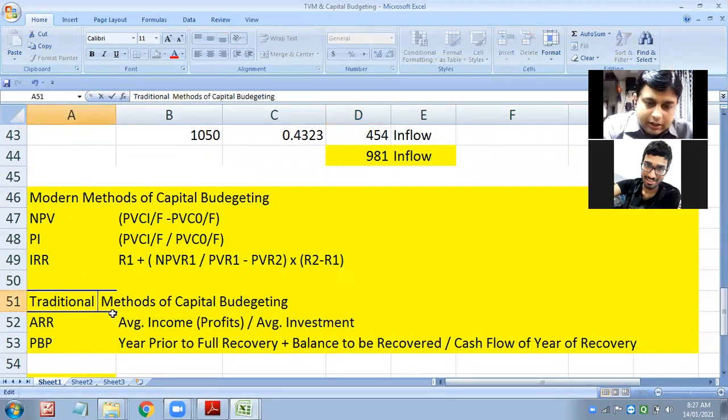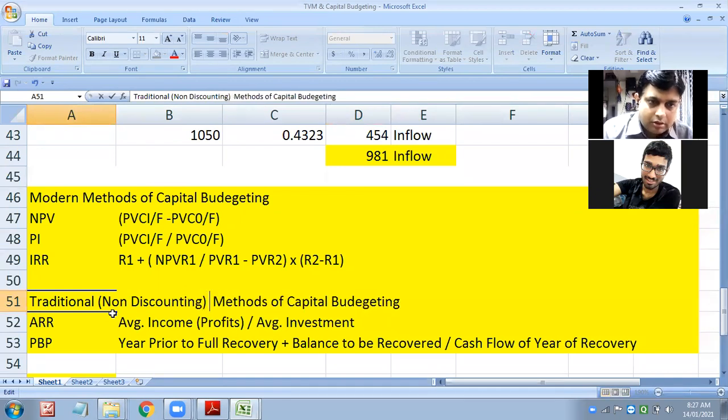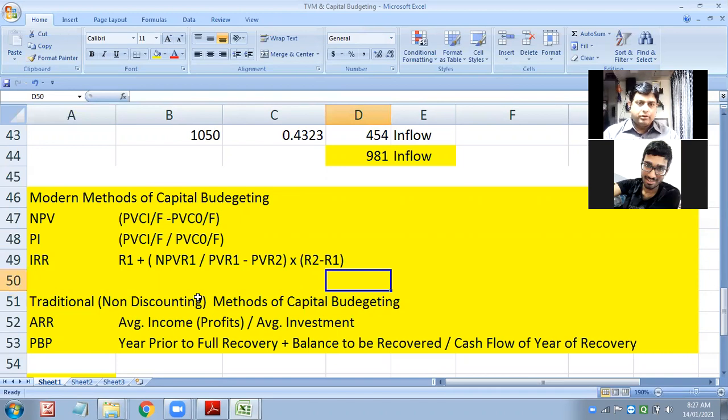I can write down non-discounting method. Okay, traditional or non-discounting.